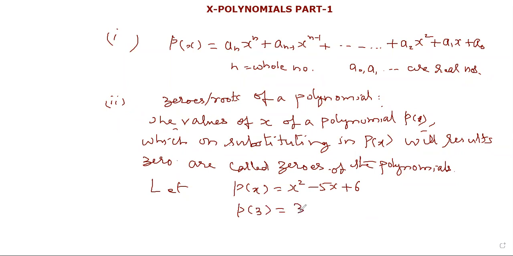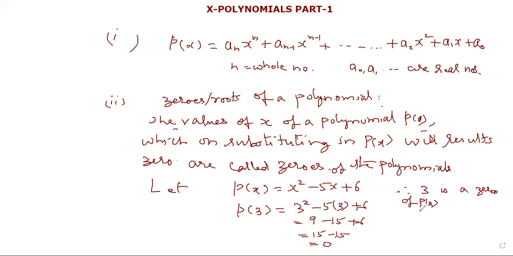You put 3 here, so this will become 3 square minus 5 into 3 plus 6. Solve it. 3 threes are 9, minus 5 threes are 15, plus 6, 9 plus 6, 15, minus 15 is equal to 0. So we got 0. Therefore, 3 is a 0 of the given polynomial. It is a 0 of p(x).